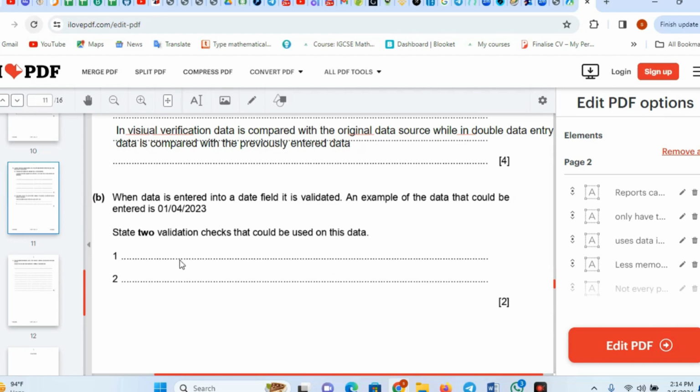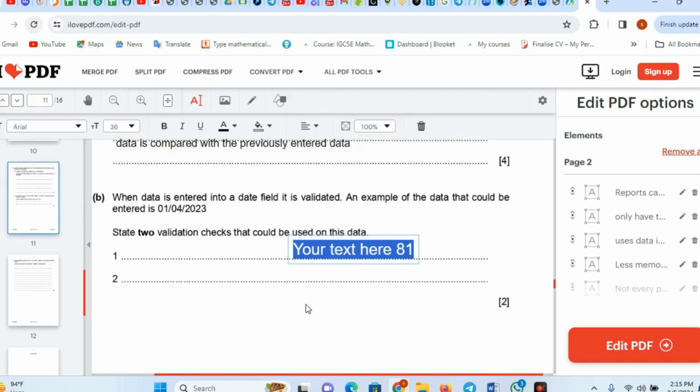Now you are asked to state two validation checks that could be used on this data. The first validation check that could be used is format. You can check the format. Either you want the month to come first or you want the day to come first.